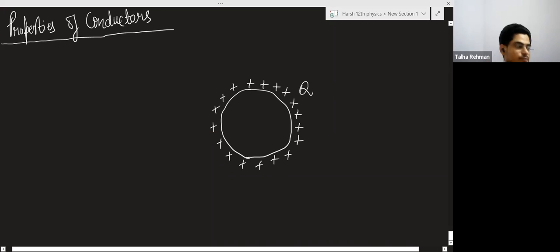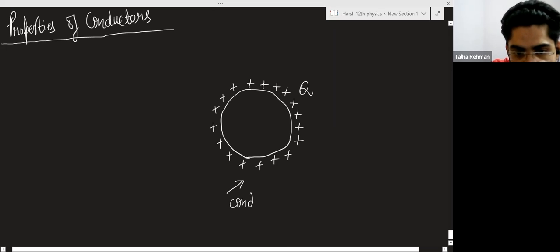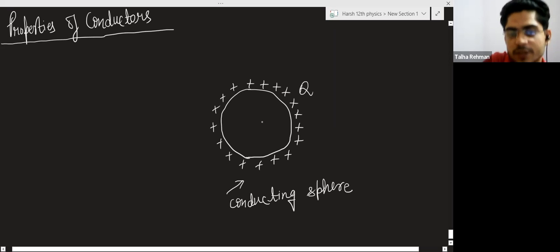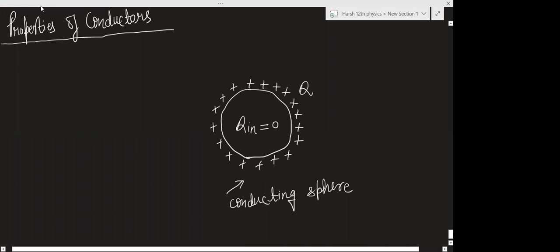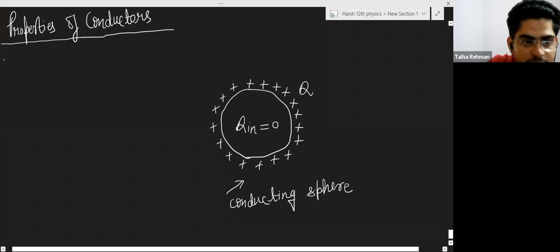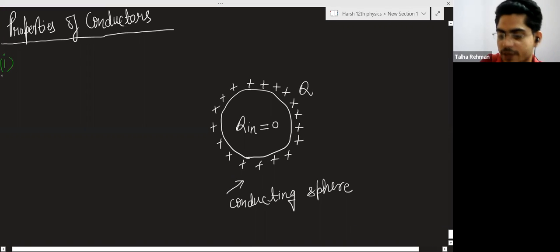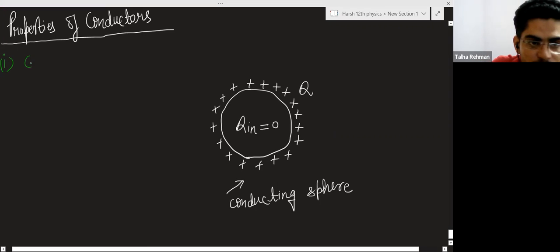So from here we can say this is a conducting sphere, and I have given a charge to this, and the charge inside the conductor is 0. So from here we can write our first point: charge inside the conductor is always 0.